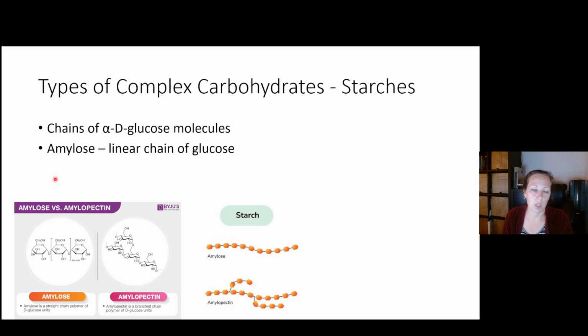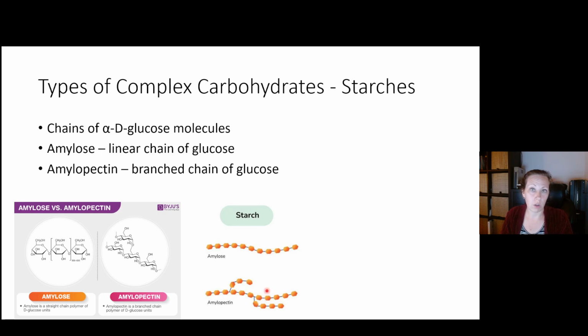They are further classified into two main types of starches, and those are amylose and amylopectin. Amylose forms linear chains of glucose. So this polysaccharide is multiple glucose molecules in a chain together, and it's nothing but glucose. Then amylopectin is a branched chain of glucose.